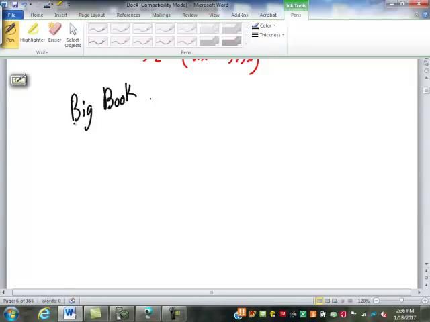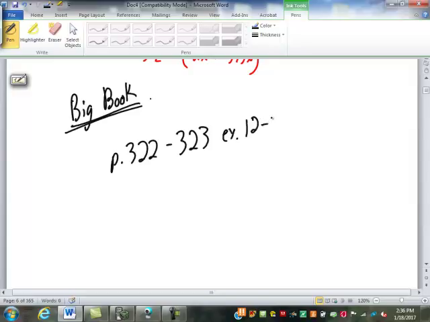In the big book, page 322 through 323, it's exercise 12-2. And page 364 through 366, exercise 14-3.